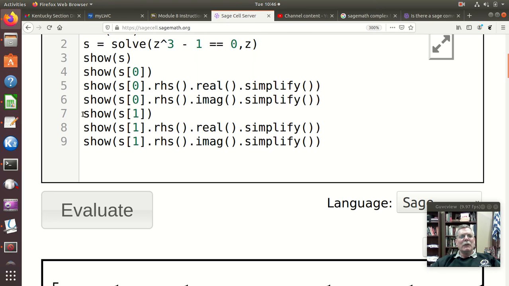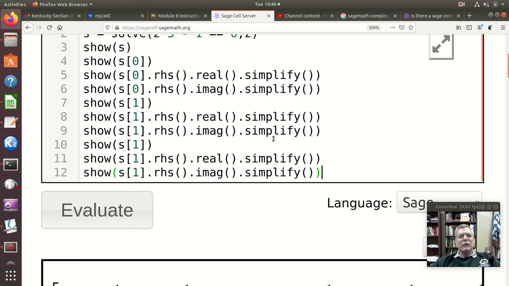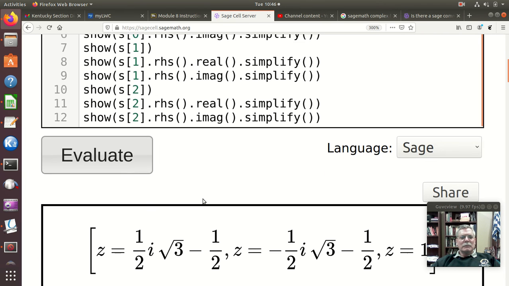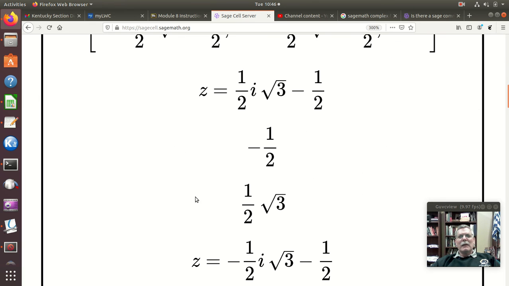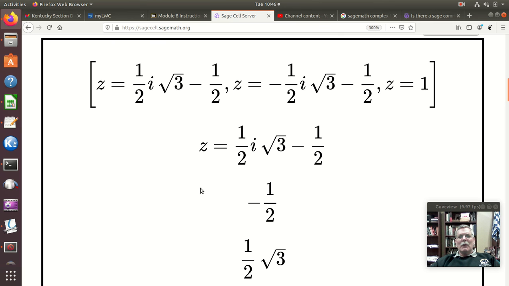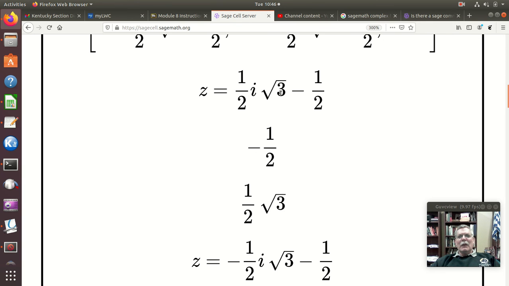So I'm going to copy all that and paste it, and then just put a 2 in here, and hopefully it will all work. It's starting out that way. And so here what's nice is when it gave us the roots, we didn't really need to do the real and imaginary part.